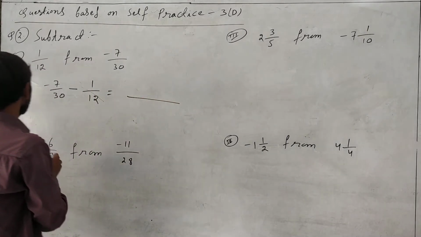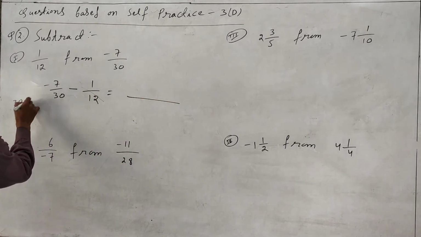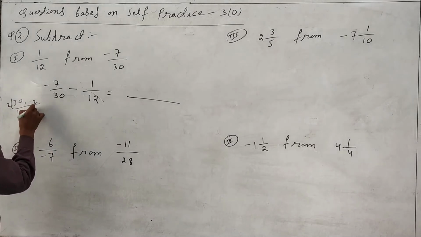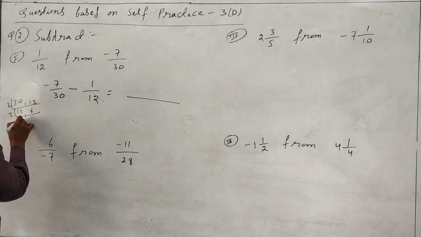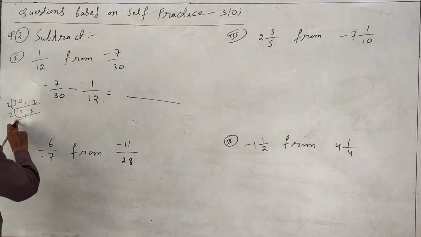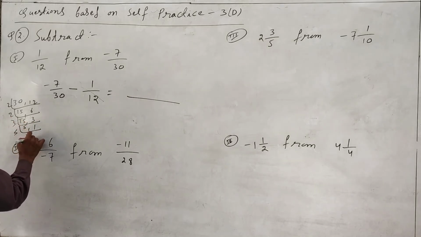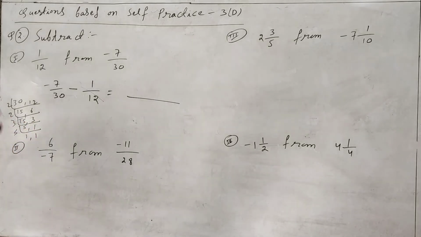What will the LCM of 30 and 12 be? Dividing by 2 we get 15 and 6, then 2, 5, sorry, this one is 15 and 3, then 3 fives are 15, 1, then 5 ones are 5, 1. Multiply, and 60 will come.